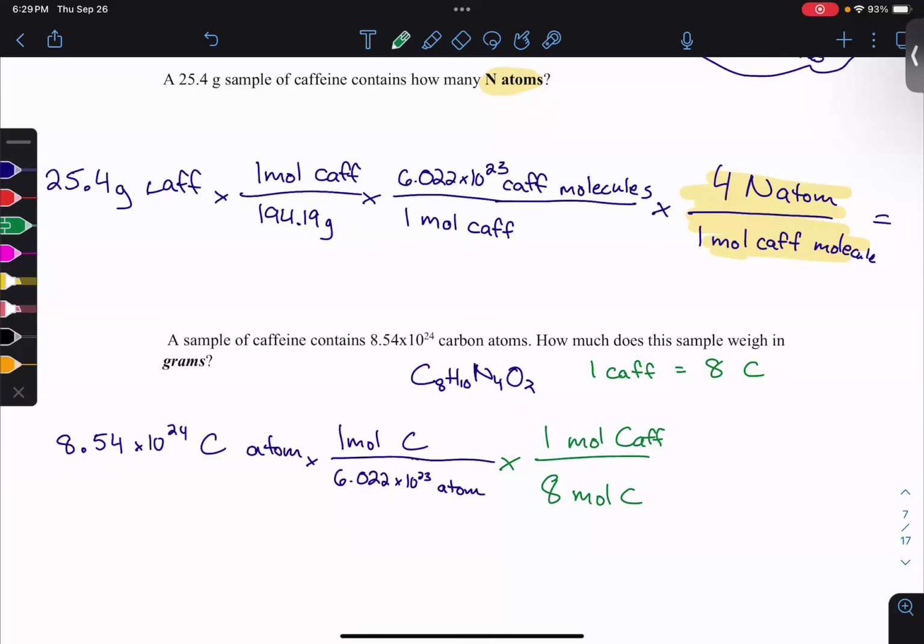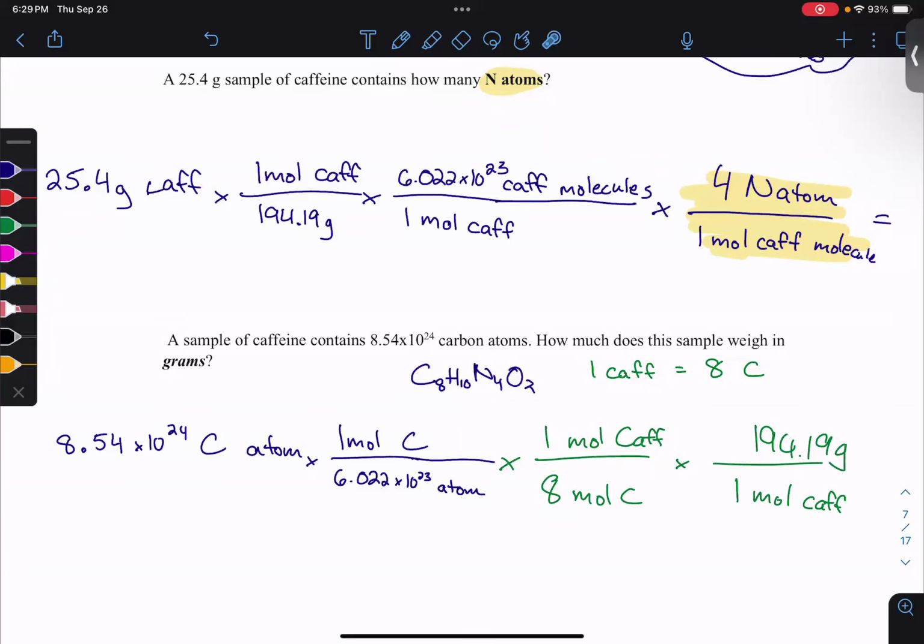All right, and so now we're not quite done. We will multiply by the molar mass of caffeine, because the goal is to calculate the mass of caffeine, not of carbon. So 1 mole of caffeine weighs 194.19 grams. All right, so notice that with these 2 questions, most students can get the first one we did, going from grams to individual atoms.